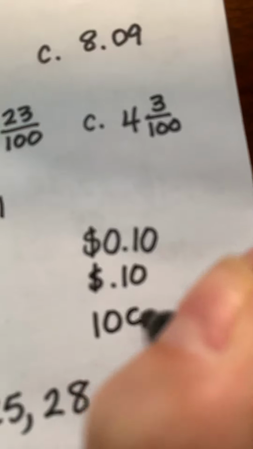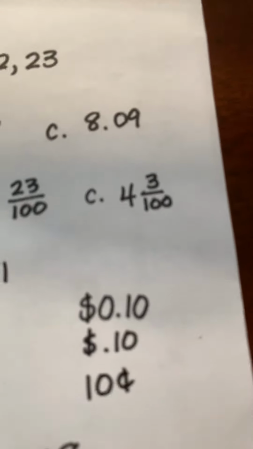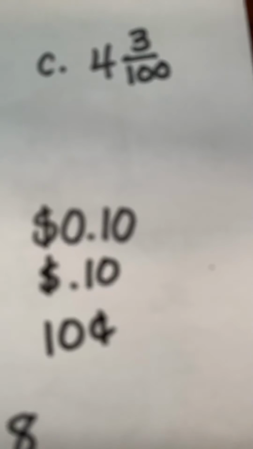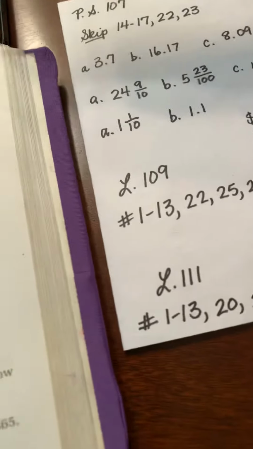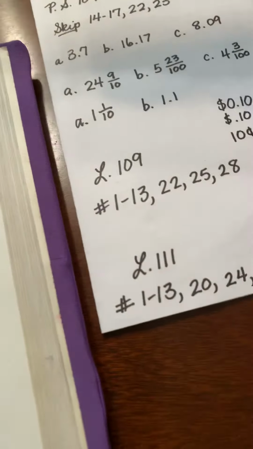Or you could put it this way, 10 cents. So those are the ways that you can write it correctly. Okay, and so that is the end of this lesson. Easy peasy, just writing decimals correctly.